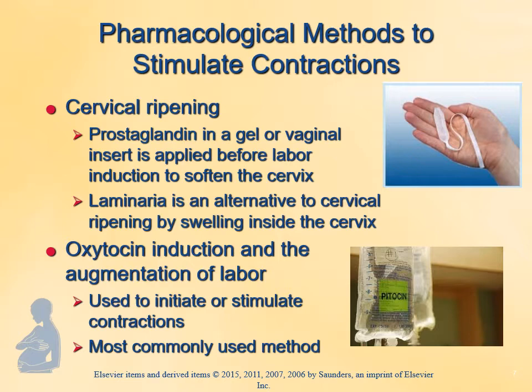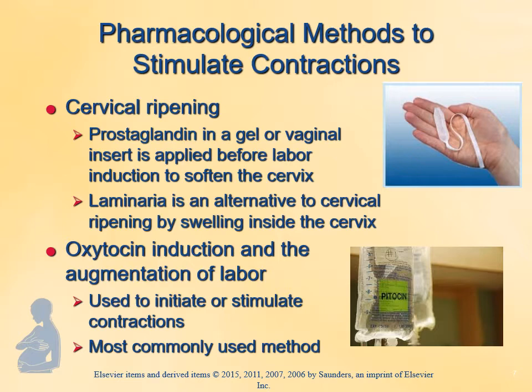And what we do is we place that part of that device behind her cervix, and it stays there for about 12 hours usually. And it causes that cervix to get softer, sometimes thin out, and sometimes even dilate a little bit. But its main job is to soften that cervix and prepare it for contractions.